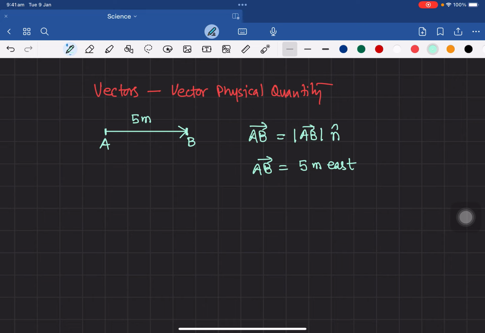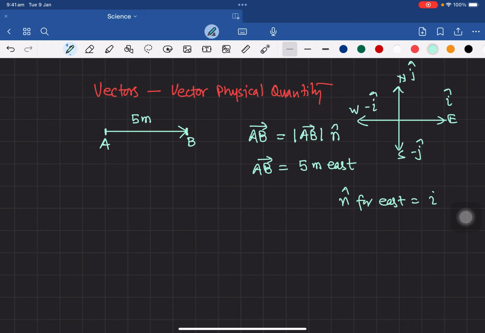So that's why we define the unit vector in an interesting way. For the known directions of north, south, east and west, the unit vectors are i cap and j cap, and conversely minus j cap and minus i cap. So n cap for east equals i cap, and n cap for north is j cap, right?